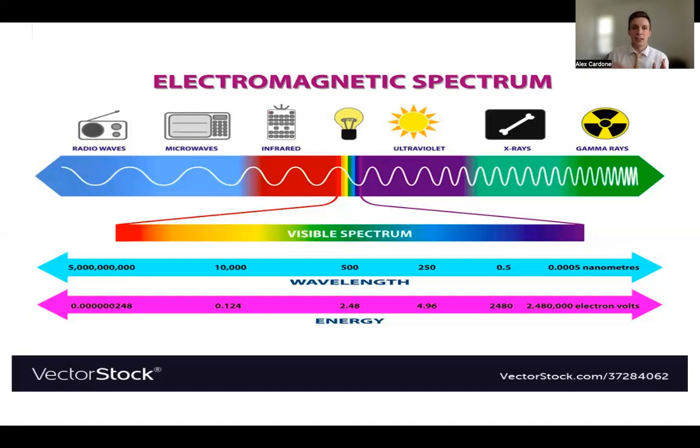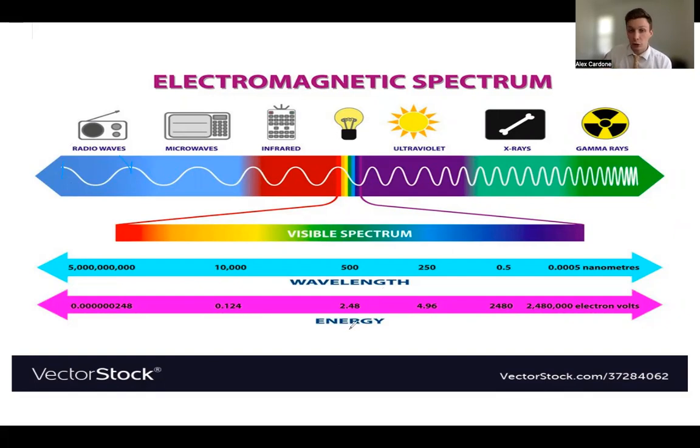A cycle is from one point at the very top of this hump all the way to the next hump. That's one single cycle, and that's what the wavelength is talking about: how long it is.